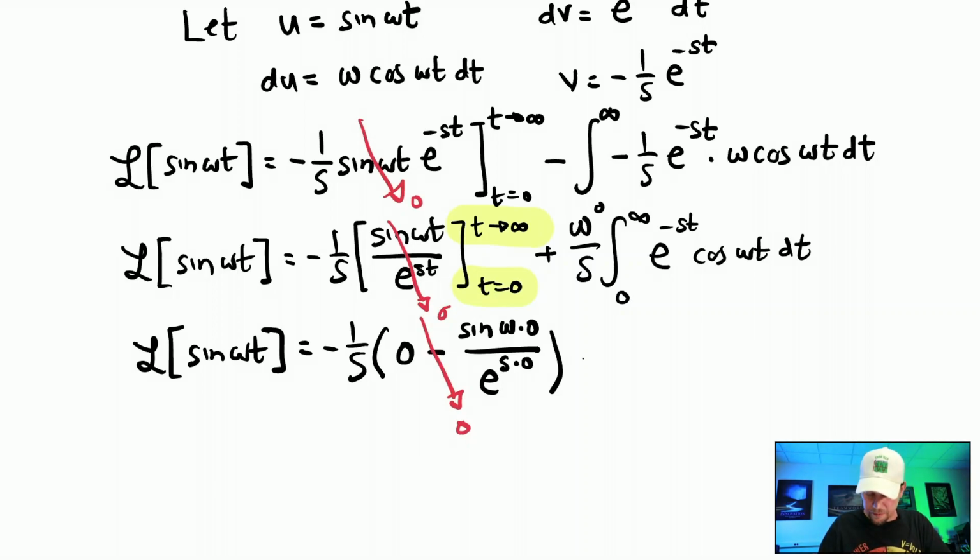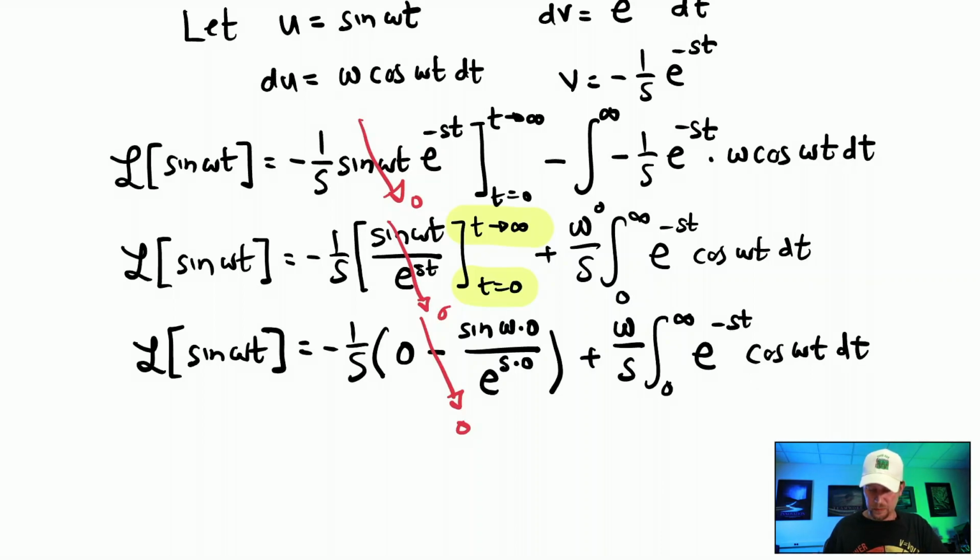And what we're actually left with is omega over s, the integral from 0 to infinity of e to the minus st times cosine omega t dt. Now, one thing that we did previously was we recognized a Laplace transform when it came into one of our equations, and I'm calling on you to do the same thing.